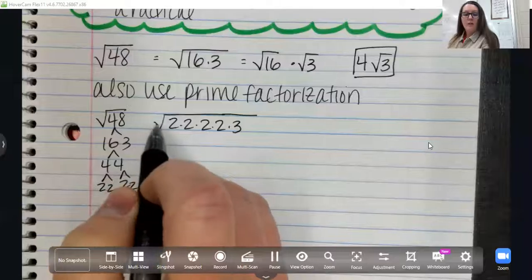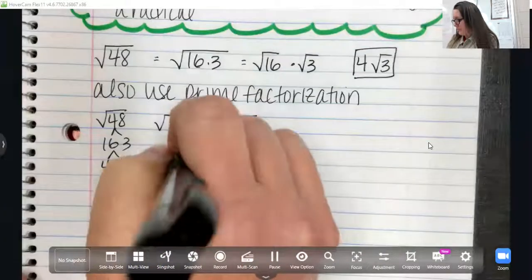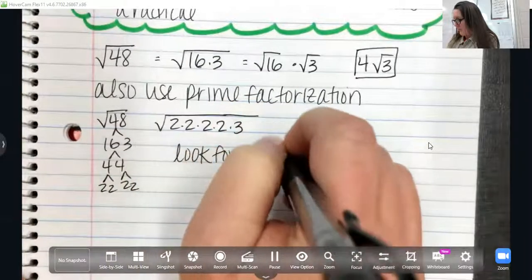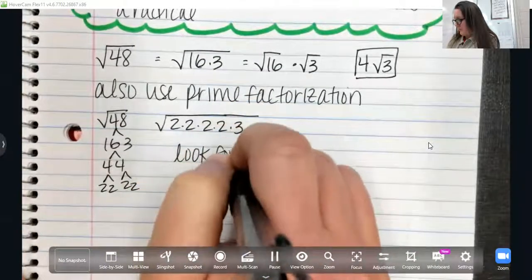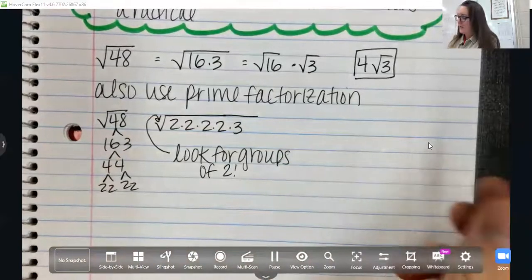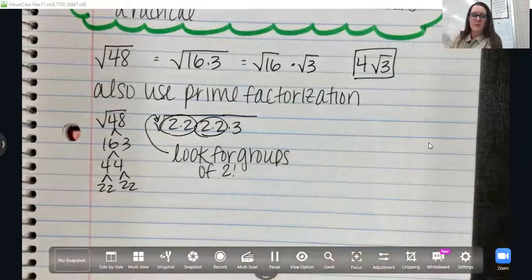And since we're looking for square root, we're looking for groups of 2. So based on this number here, the index, right? So groups of 2 have 2 2's.